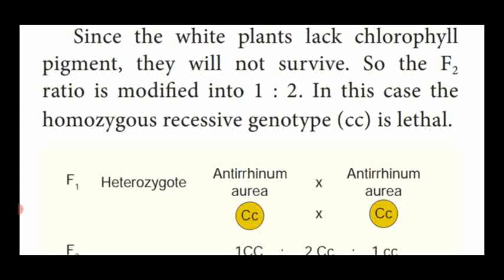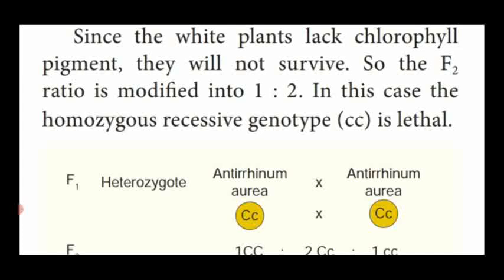So the F2 ratio is modified into 1:2. What is the 1:2? One is the green color and two are the heterozygous pale green color. So both have green, isn't it? So it has the capacity to prepare its own food material.